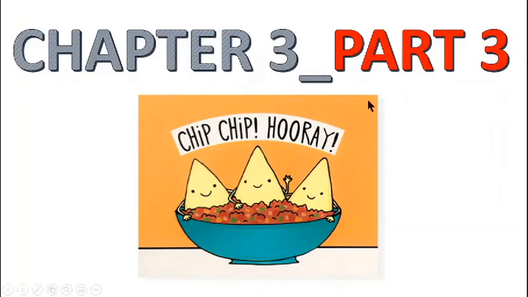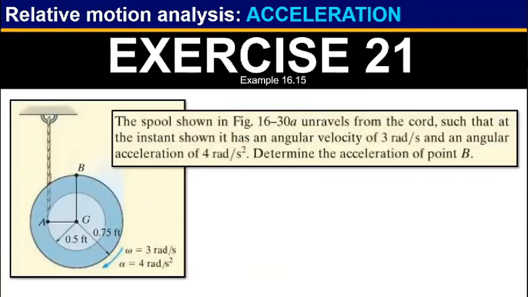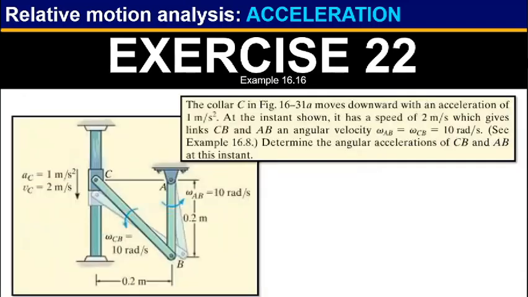Now we have seen several examples for chapter 3 part 3, relative acceleration equation questions. Actually, we have finished all chapter 3 lessons. Please do several examples that you can obtain from Hibbeler, like in this slide: exercise 20, exercise 21, example 16-15, and also exercise 22, example 16.16 from Hibbeler.